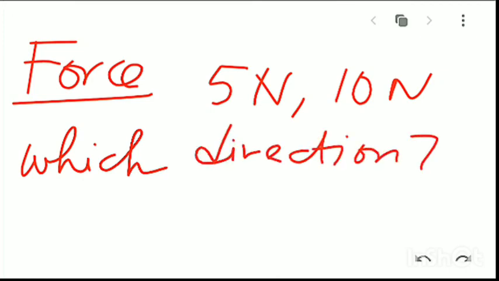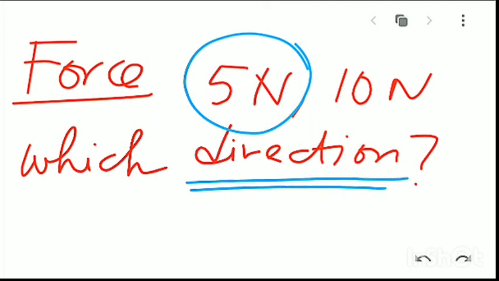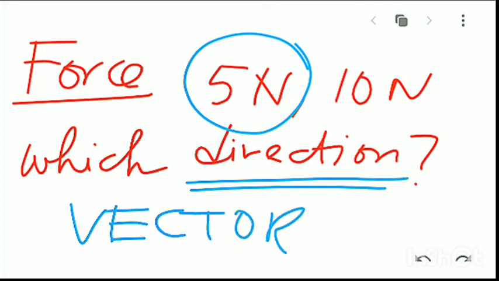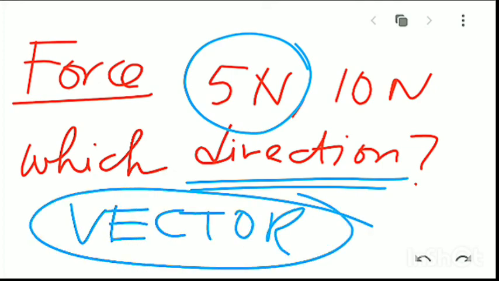Because if we don't know the direction of the force, we cannot understand in which direction things will work. So in the case of force, along with the value 5, 10, we also need the direction, in which angle, which direction. Such quantities are examples of vector quantities.